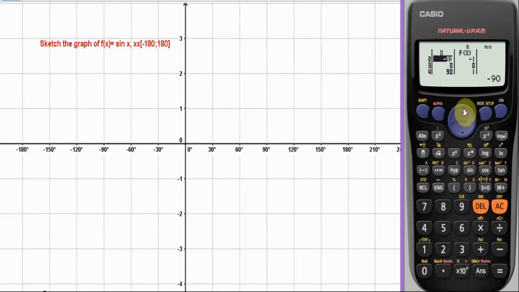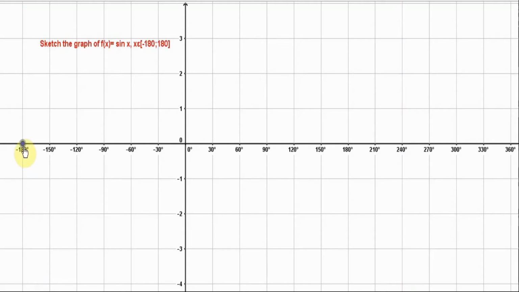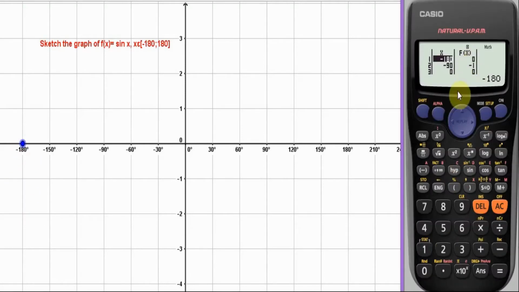Now we are going to plot the points. Okay, minus 180, 0. Where is minus 180, 0? You mark a point using the pencil or pen. The next coordinate, minus 90, minus 1. So we mark another point there.